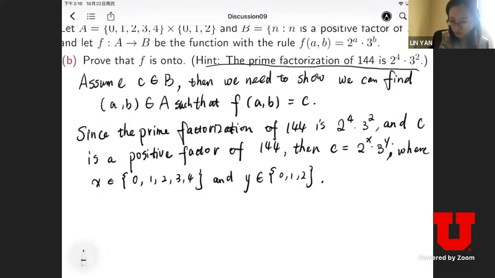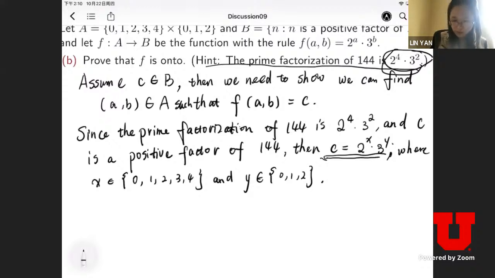So we already know the prime factorization of 144 is 2 to the power 4 times 3 to the power of 2. Then if we choose a factor of this number, this factor must be in this format.